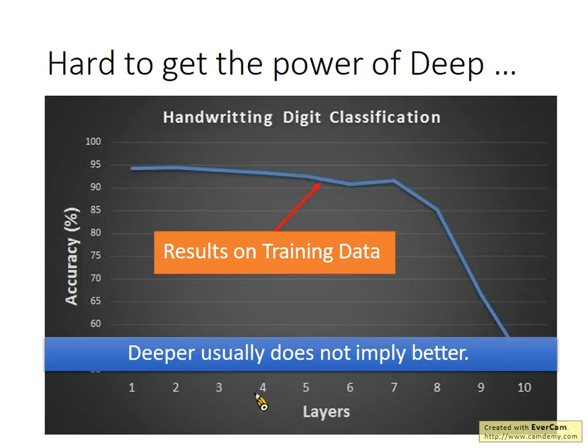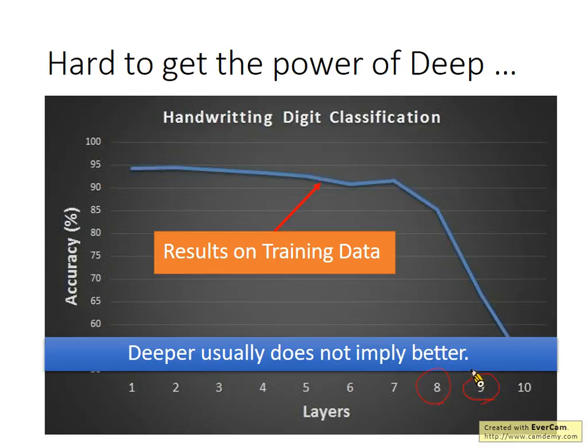So in early years, some researchers thought about whether we could increase the number of layers to improve the performance. However, as we can see in this figure, if we do handwritten digit classification, when we increase the number of layers, the training accuracy will decrease.